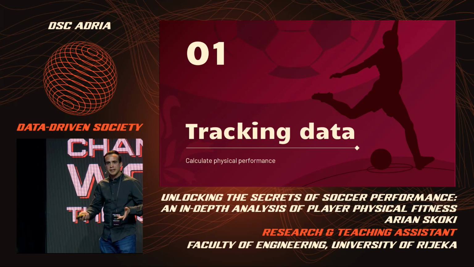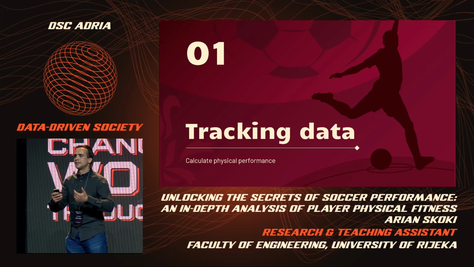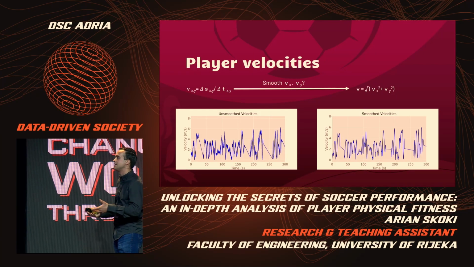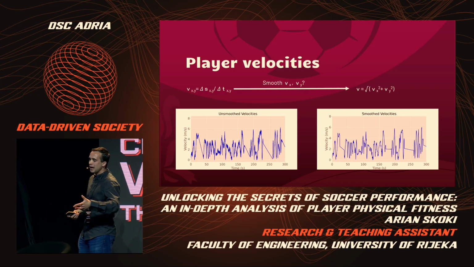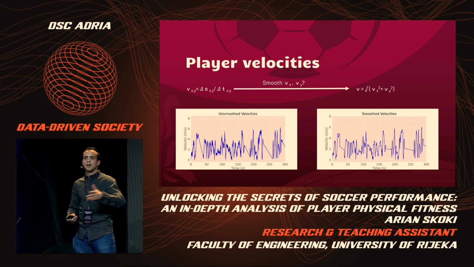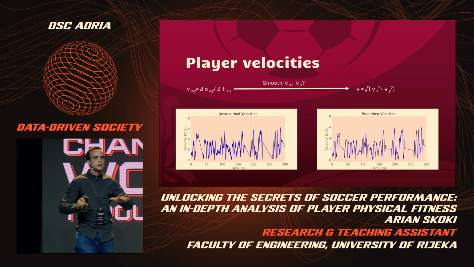Let's see how this tracking data is calculated, how we can extract additional metrics from these XY positions. So we have XY positions, framed in, let's say, 50 milliseconds. So each 50 milliseconds, we know the position of the player.